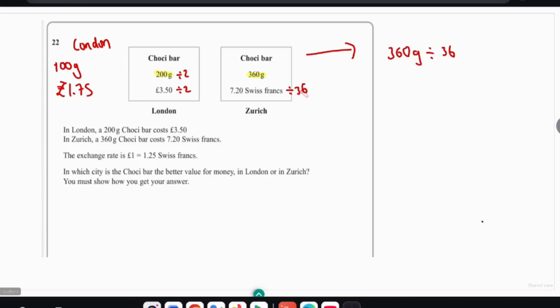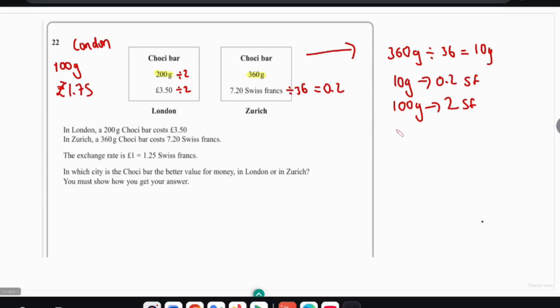So 7.2 Swiss francs divided by 36 is 0.2. So we know 10 grams is 0.2 Swiss francs. And you're going to multiply it by 10 now to get 100 grams. If I multiply 0.2 by 10, we get 2 Swiss francs.